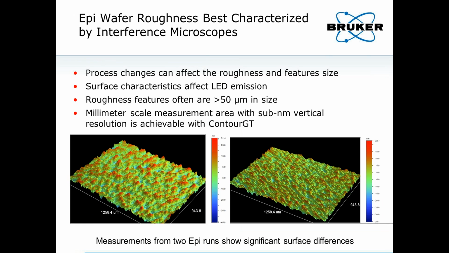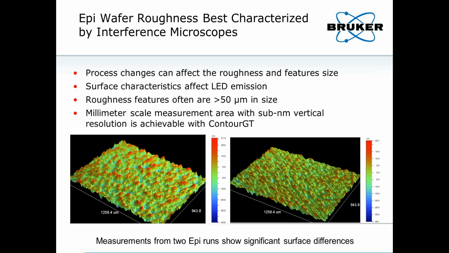So Adam has alluded to the excellent capability of the AFM to measure epi roughness, but we've internally realized that sometimes the feature sizes are becoming larger and larger, but the roughness is at a low, sub-nanometer or a handful of nanometers.